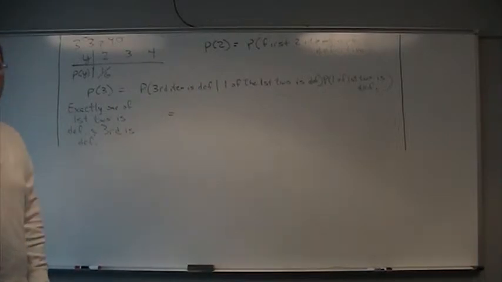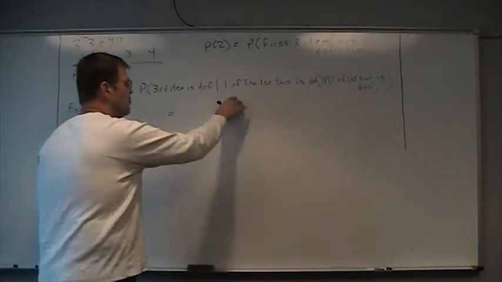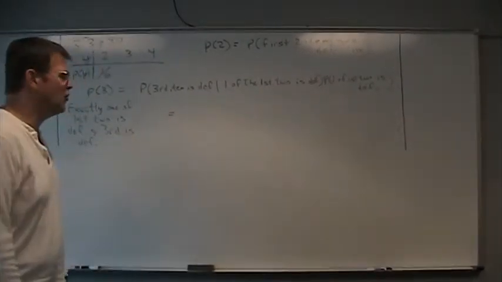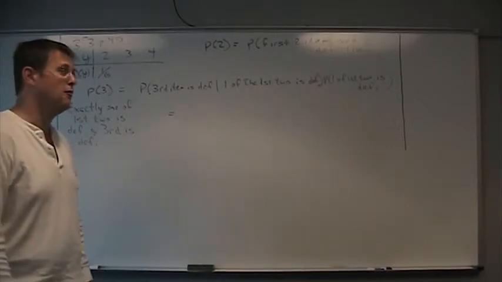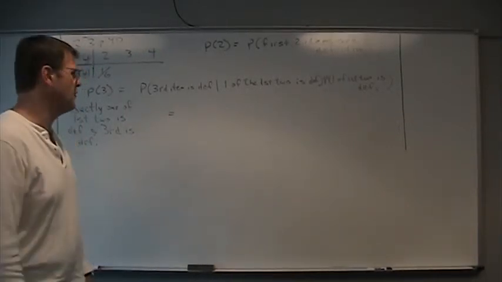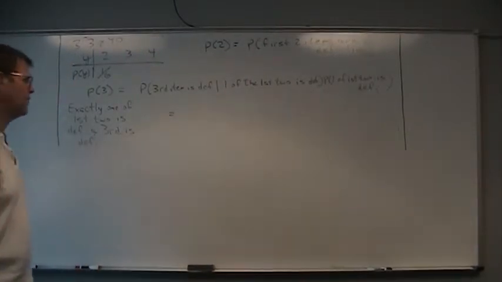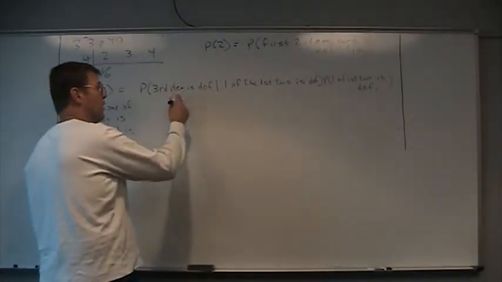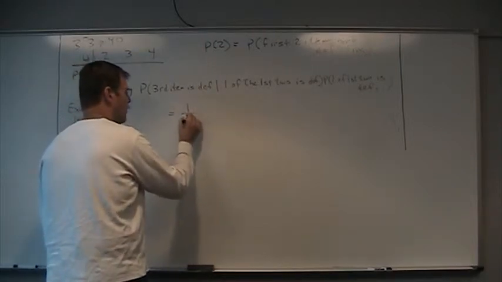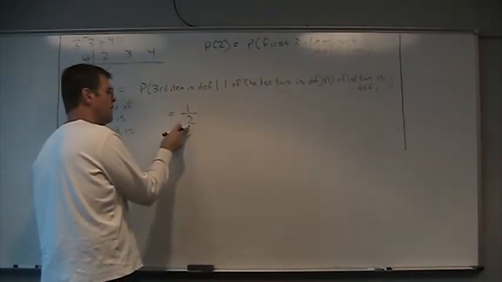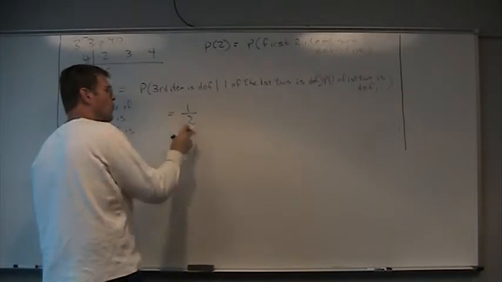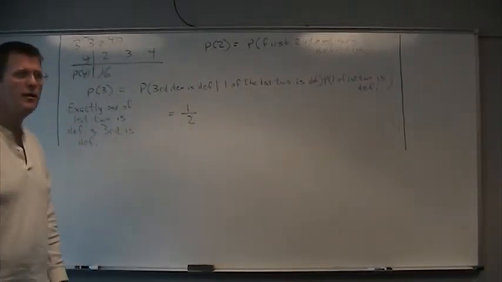We're down to 2 items, and if one of the first 2 is defective, we've chosen 2 items, we've picked one good one, one defective one, so we're left with one good one and one defective one. So the probability the third item is defective is going to be 1 over 2, the 2 corresponding to the 2 items left, the 1 corresponding to the 1 that's defective.